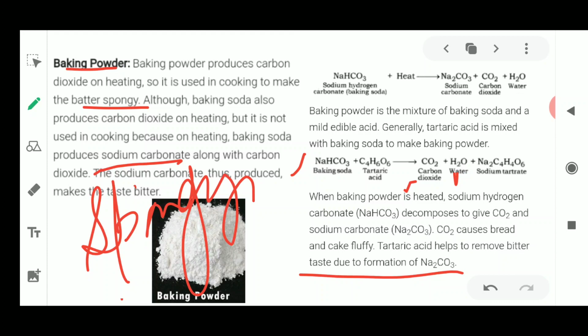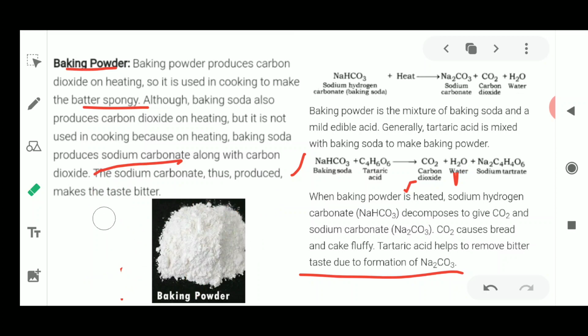If we simply heat it, it will form baking powder, but the bitter taste of baking soda will also be present. So for removing the bitter taste of baking soda, tartaric acid is used. It helps in the removal of bitterness from the baking soda.